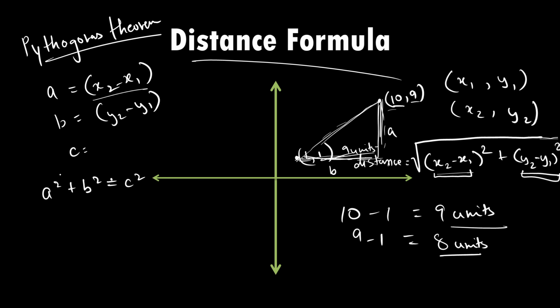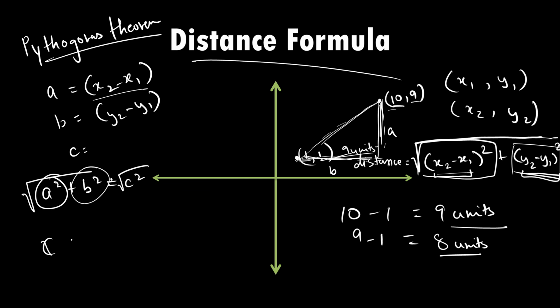The same thing is going on here: this is a square and this is b square. If I were to take the square root of both sides, we would get c equal to the square root of a square plus b square, and we can clearly see that here.